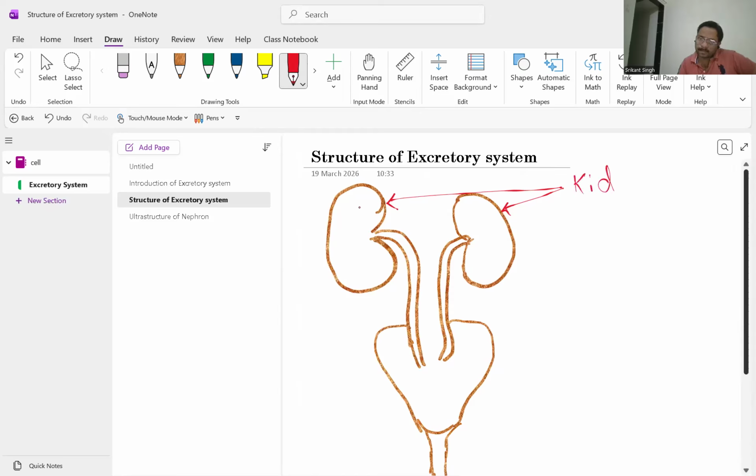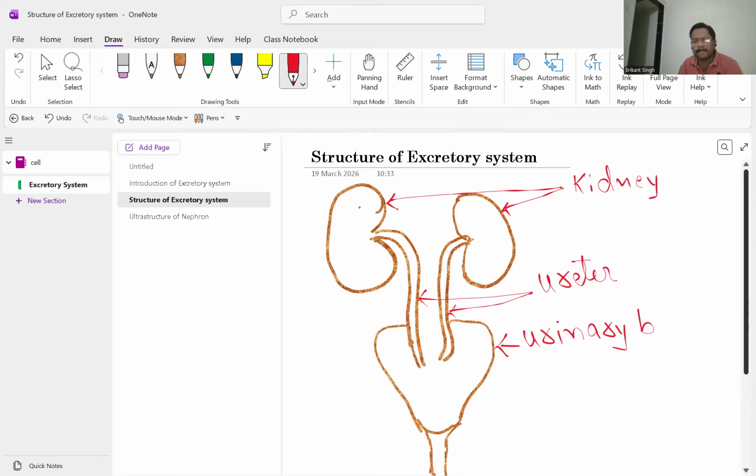Kidney. This is the ureter. Yes, ureter. And it is the urinary bladder.